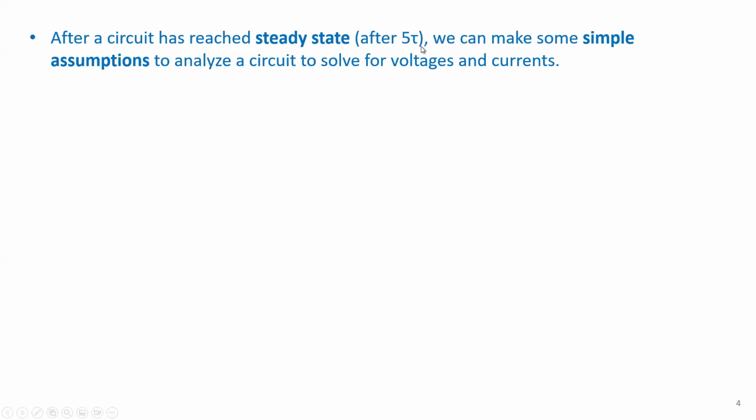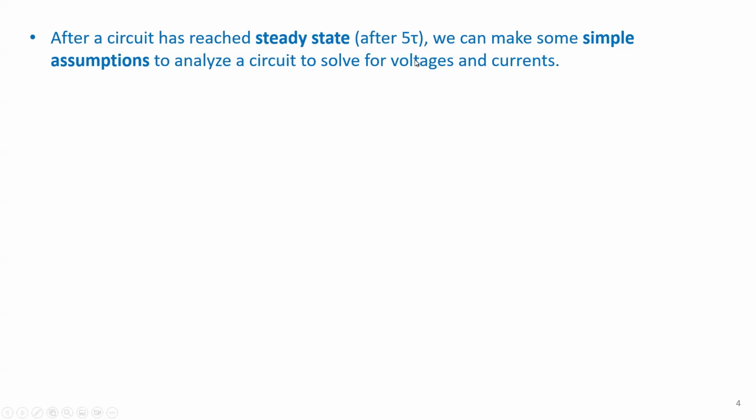So you have a circuit that might have a switch in it. And you say, okay, I'm going to throw that switch to one position or another. I'm going to have a sudden change in the circuit. And then I want to let the circuit settle down to a steady state, like wait a certain period of time, enough time.